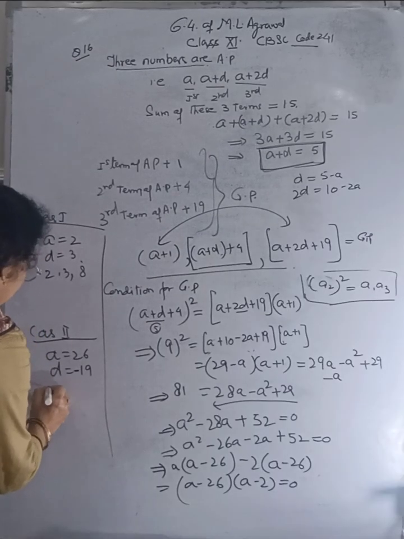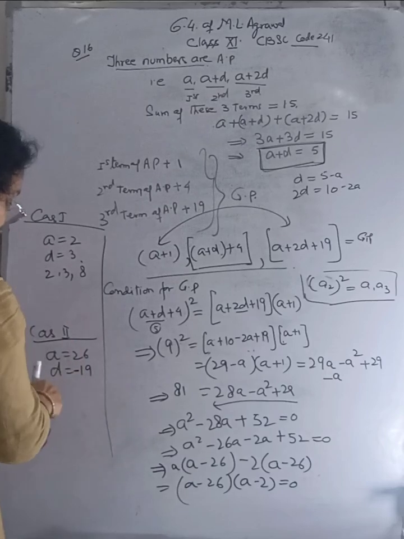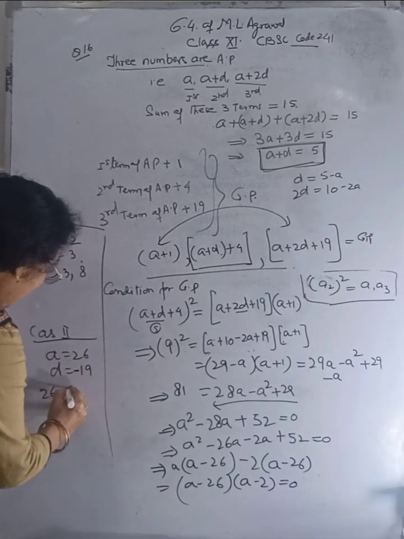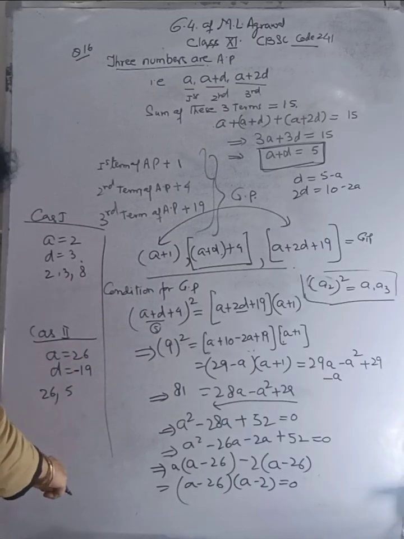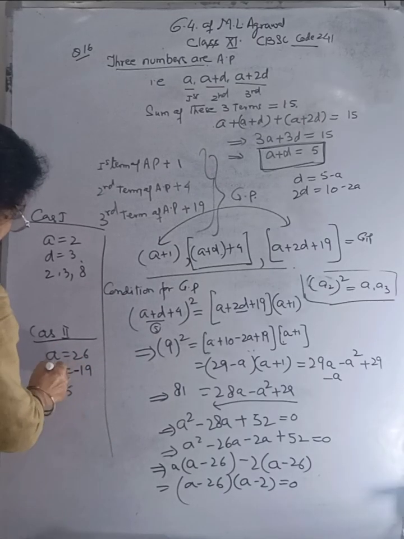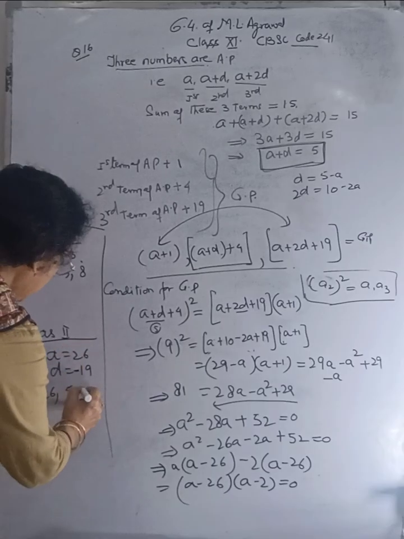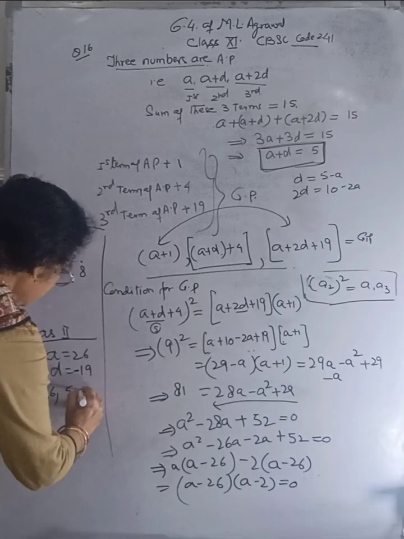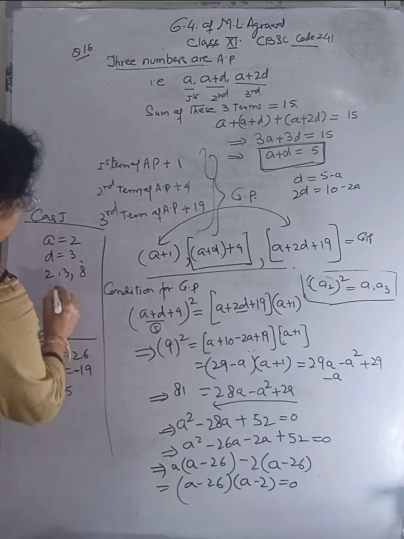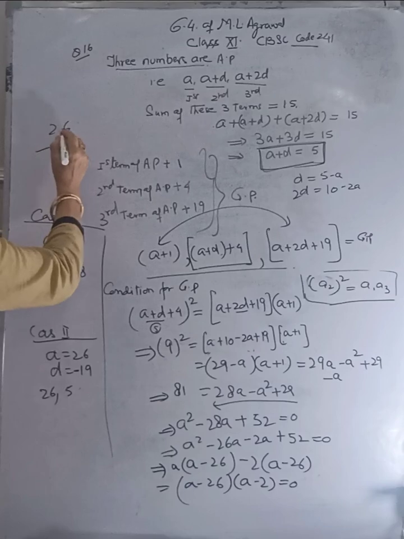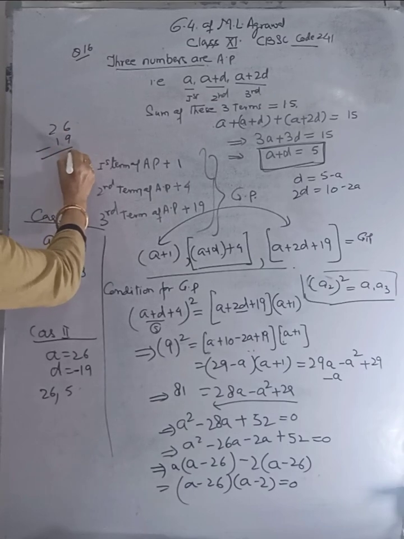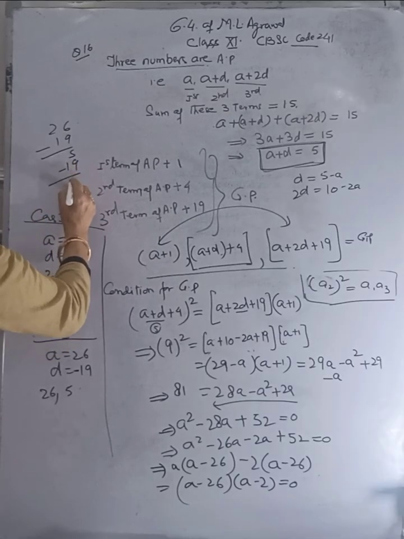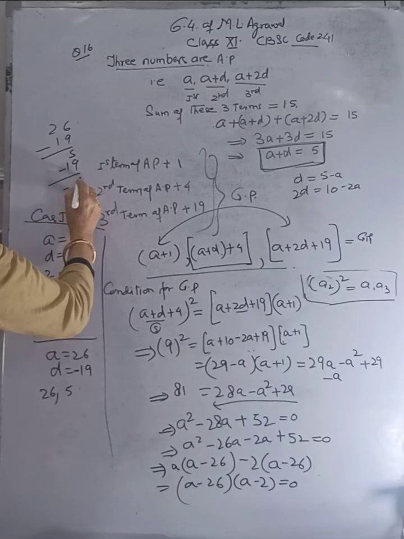So the series will be a, that is 26, then 26 minus 19, that is 5, and then 5 minus 19 is equal to what?